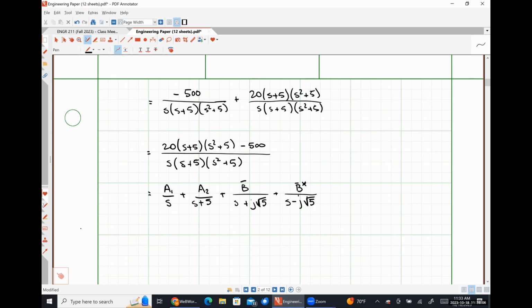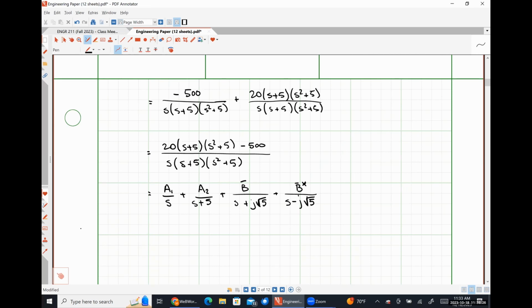Yes, ma'am. The inverse Laplace transform, but yes. So we are going to have something that is a unit step function, something that is e to the -5t.